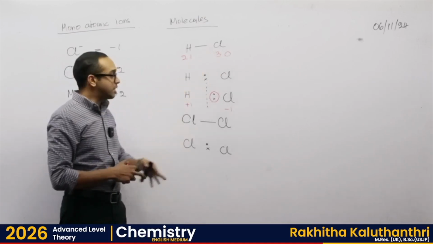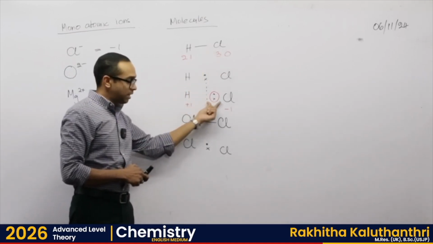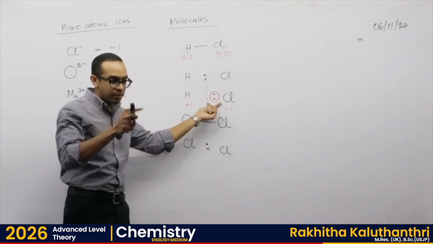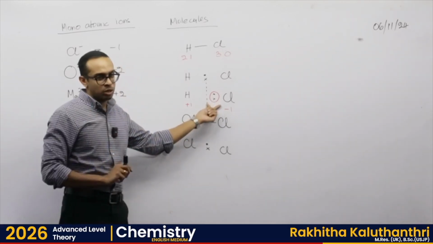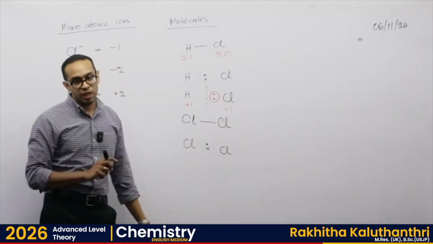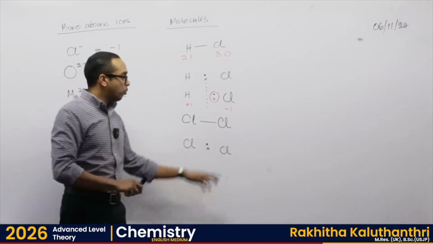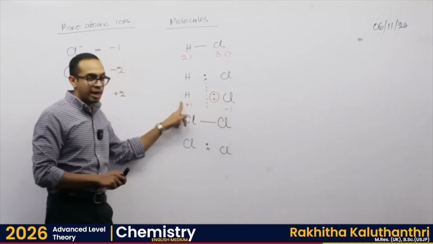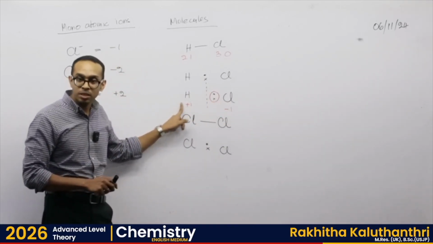So because of that, if this type of partial sharing is happening, we ask ourselves, what if this is not partial sharing? What if this was a complete exchange? Then what would be the charge on chlorine here? Then what would be the charge on hydrogen here? You ask yourself that question, right?